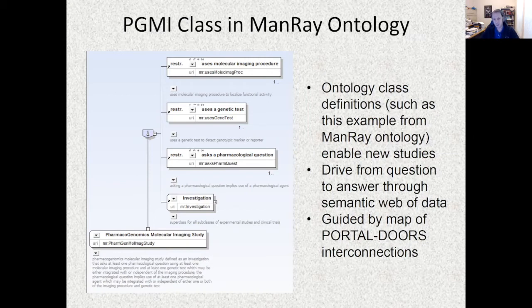This particular example demonstrates this concept of pharmacogenomic molecular imaging, where an investigator asks a pharmacological question using a genetic test as well as a molecular imaging procedure. We want to be able to explore and data mine an extensive collection of data using our approach.